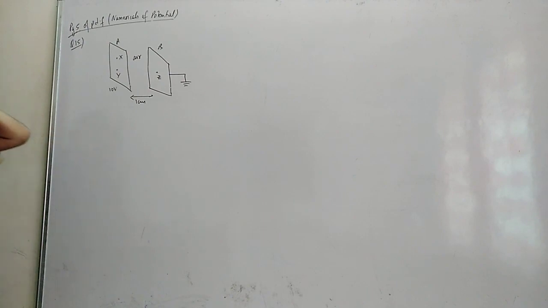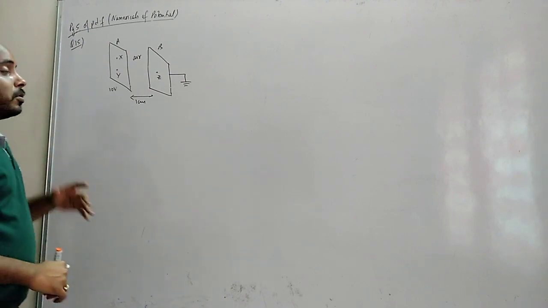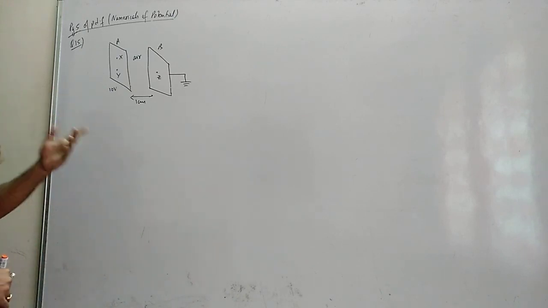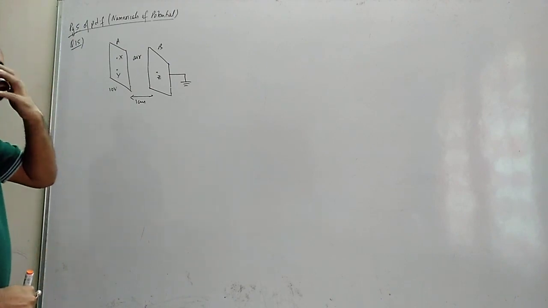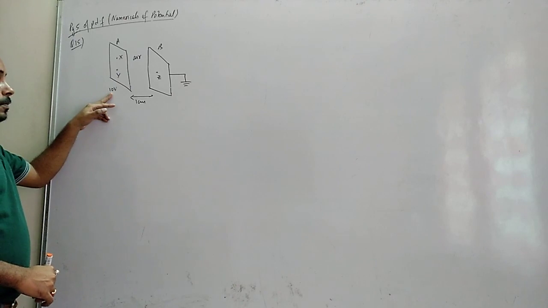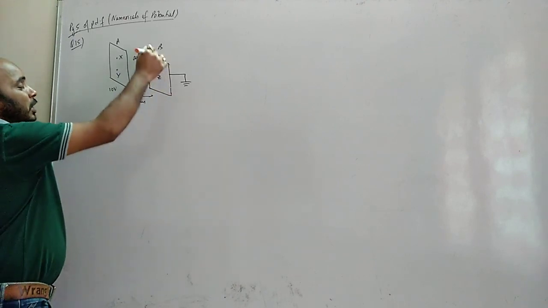The first question is to find the magnitude and direction of electric field. We'll go to the direction later on. Let's talk about magnitude first. What is given to you and whose magnitude do you need? The potential of plate A is given as 10 volt, but plate B's potential is not given.